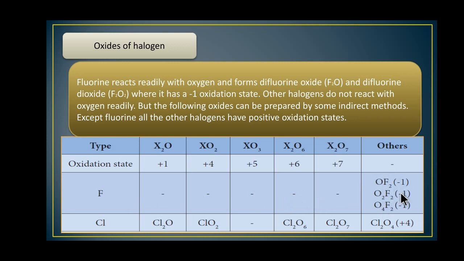Here also the oxidation number is -1, and the Cl compounds Cl2O is possible, then ClO2 is possible, then Cl2O6 is possible, then Cl2O7 is possible. Cl2O4 is also possible, with +4 oxidation. So except fluorine, others have positive oxidation states, which is very important.